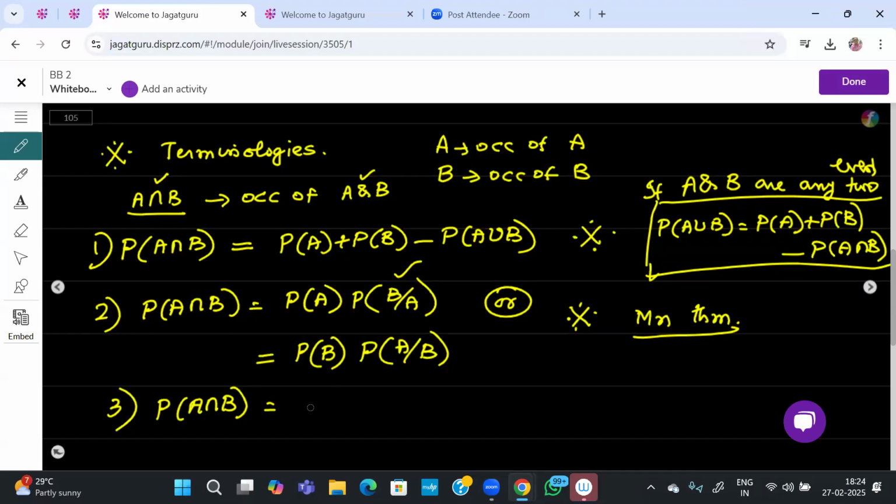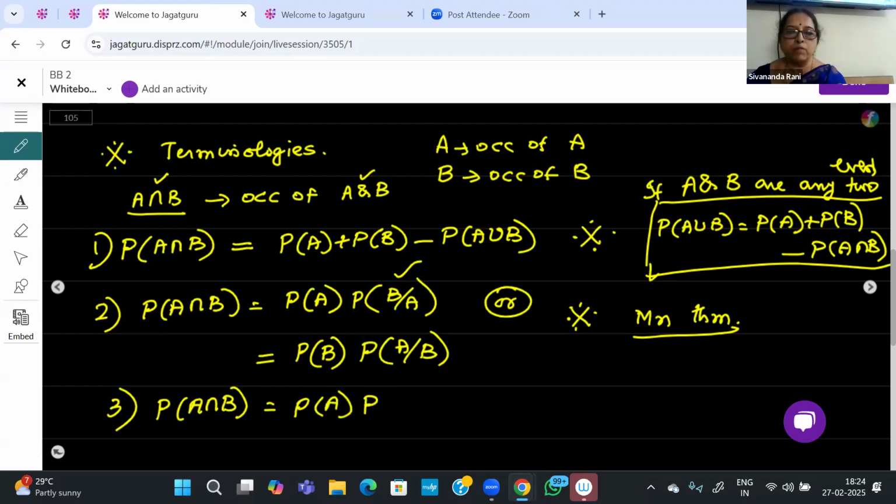P of A into P of B. Ishan, very good. But that is if they are independent, not when they are mutually exclusive. You gave me one of the possibilities, but this works only if they are independent, okay?